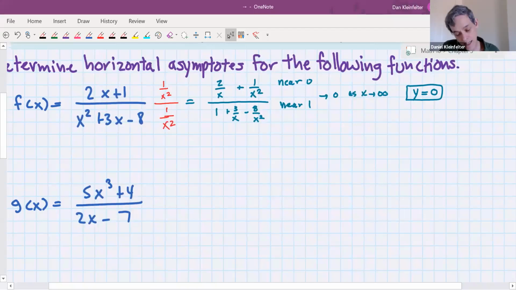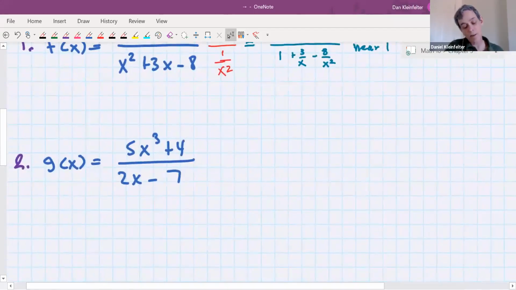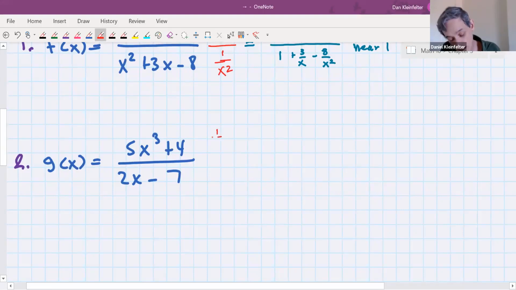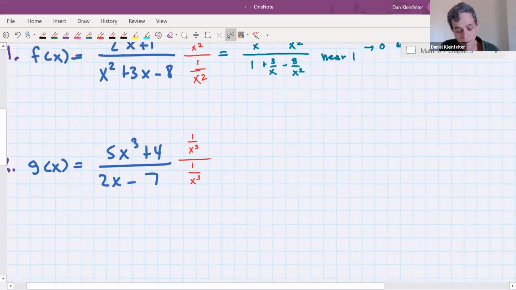Okay, so let's try that again. Here we have 5x cubed plus 4 over 2x minus 7. So again, our highest power of x we see here is going to be x cubed. So we're going to multiply both sides by 1 over x cubed.